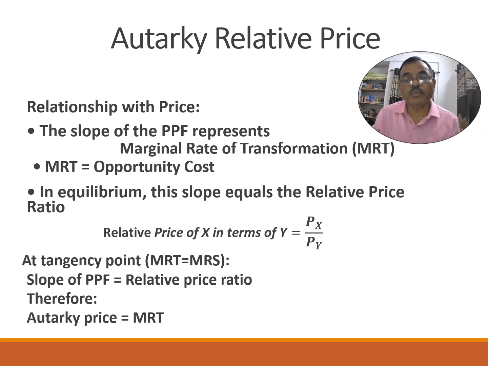Since the slope of the PPF equals MRT and MRT equals opportunity cost, we can say autarky relative price equals opportunity cost. This means domestic relative prices reflect the underlying production cost of goods.